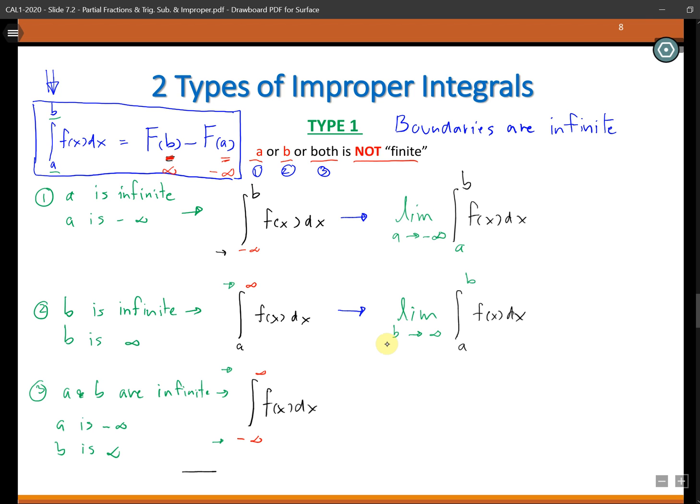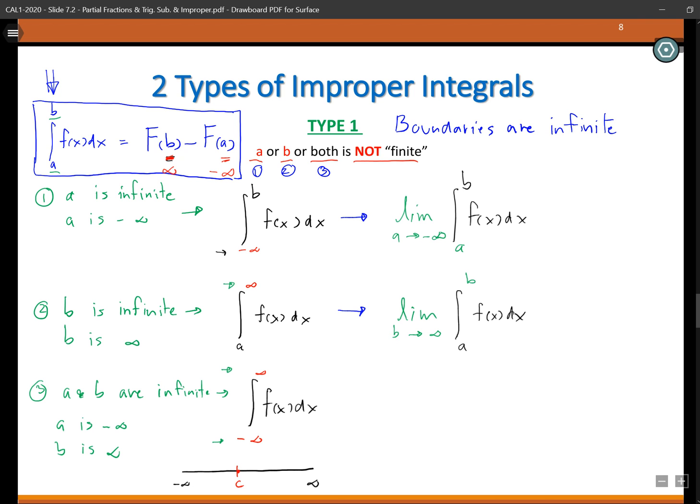We perform the integration from minus infinity to infinity. The first thing we are going to do here is to split this integral into two parts. I'm going to pick any point here, point C, and split this improper integral, scenario 3, into two parts.